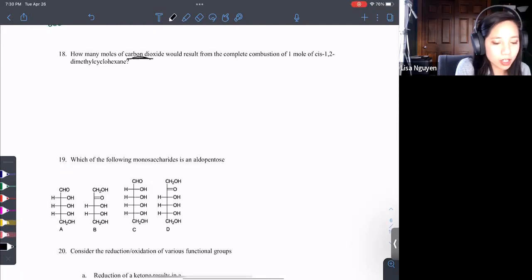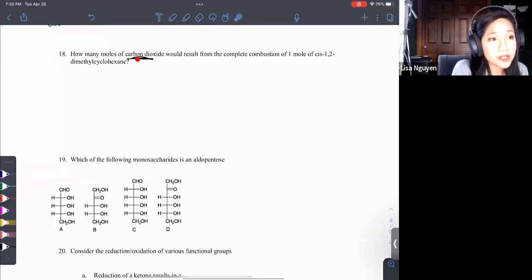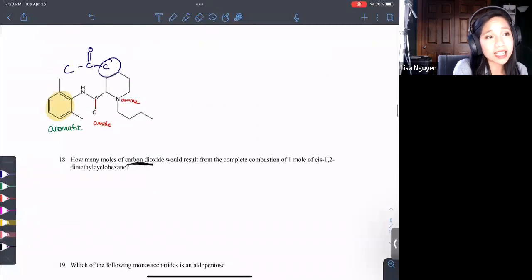When we think about a combustion reaction, our products are CO2 and water. To get the number of moles of CO2 produced, you need the correct chemical formula of your molecule. So given the name, you have to first draw the structure and then do what we were doing up here and get the chemical formula.